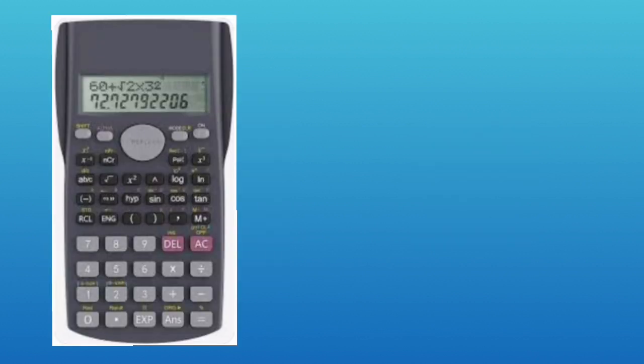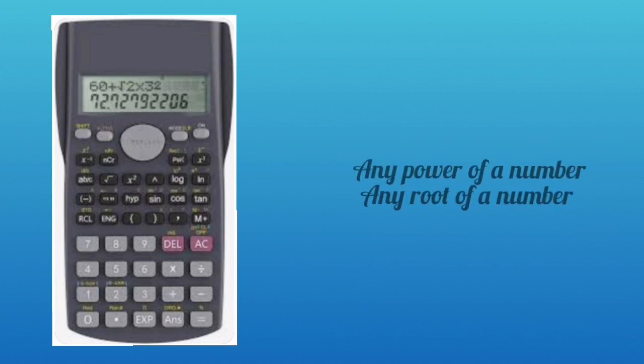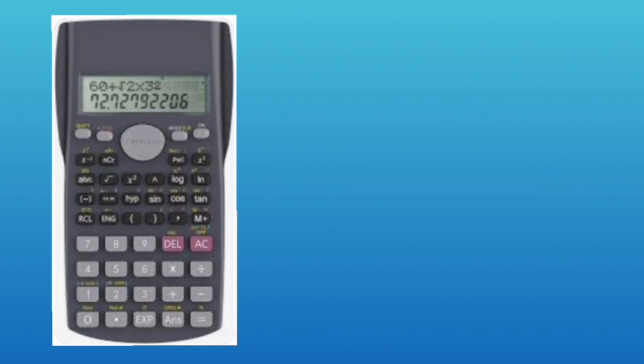But by using scientific calculators, advanced operations such as any power of a number and any root of a number can be done. In this lesson, we are mainly discussing the process of using the scientific calculator.